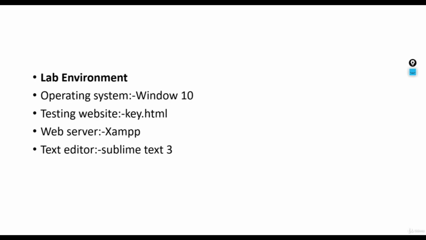We'll make one HTML file which will be the testing website, and we'll also make our JavaScript code, which will have the event that will be called, because we know about events.